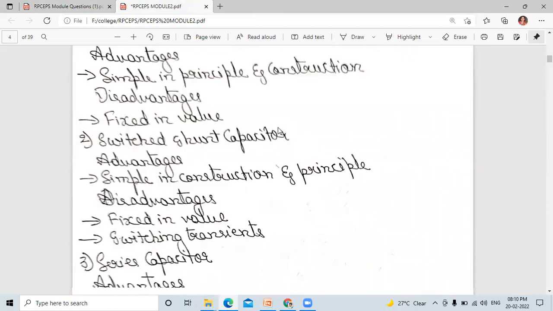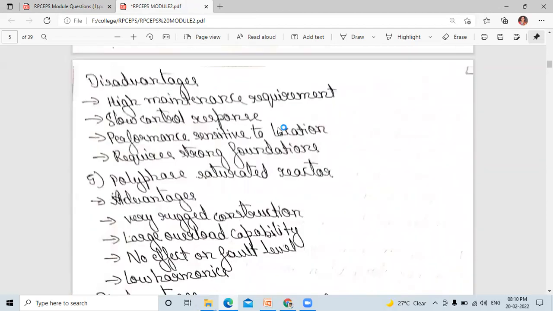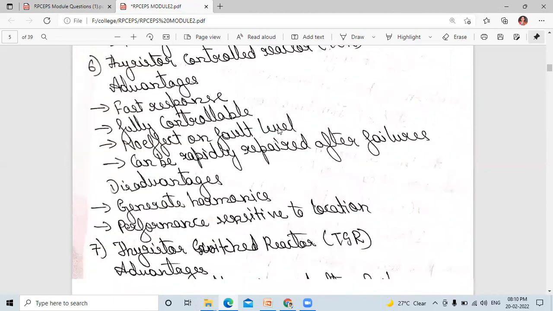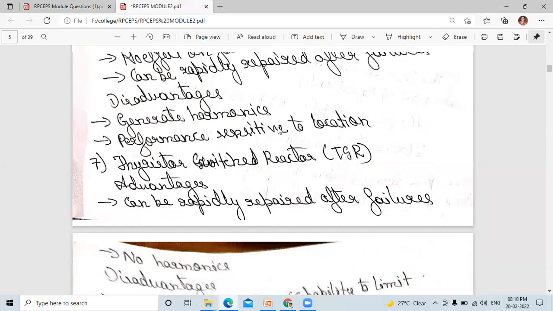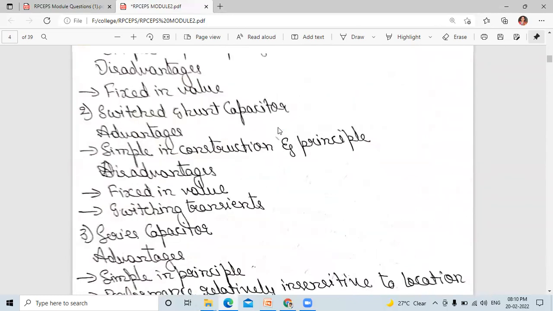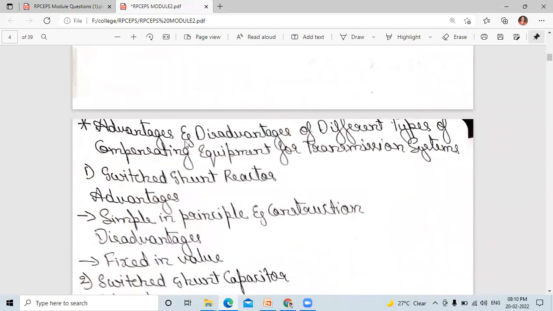There are 7 types. I have mentioned the advantages and disadvantages in the notes. This is the answer for that: advantages and disadvantages of different types of compensating equipment for transmission system.